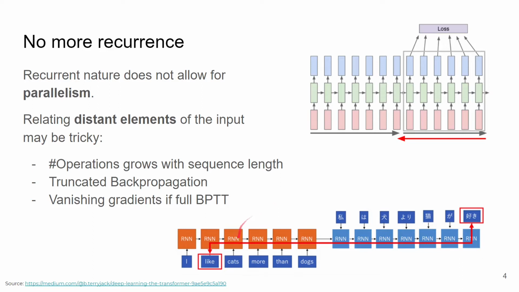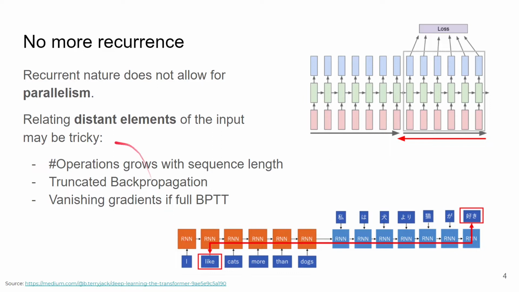First of all, distant elements are going to be super hard to relate because we are going to have a lot of intermediate steps that are going to dilute the information from this element to when we are going to need it at the output up here. So there's going to be a lot of operations in between. And also, it's not going to allow us to parallelize operations because we need to perform one after the other.